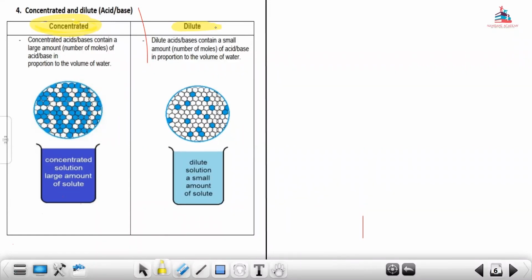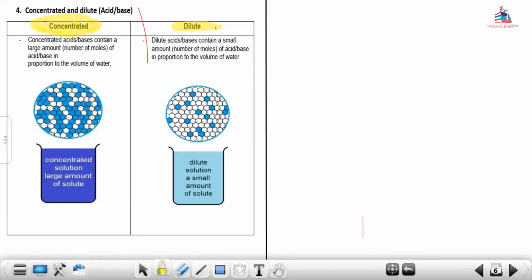We can still have a strong acid that is dilute. We can still have a strong acid that is concentrated. So the issue of strong and weak does not influence whether the substance is concentrated or dilute. That is the misconception that most people have.